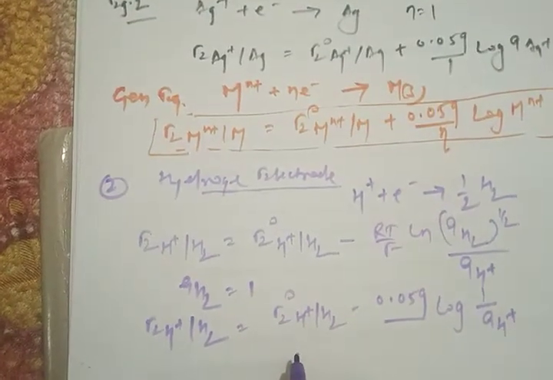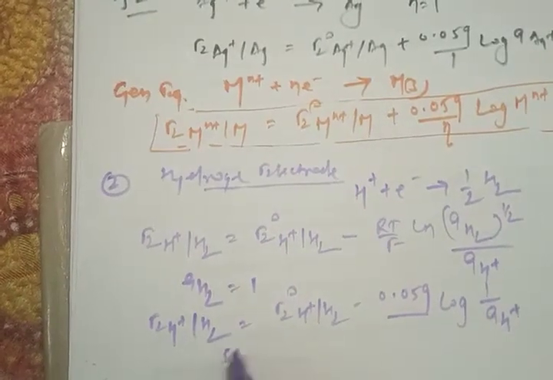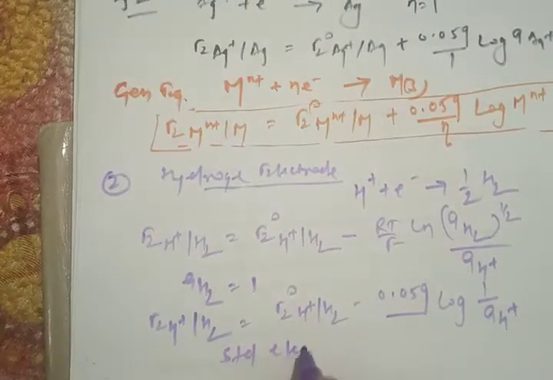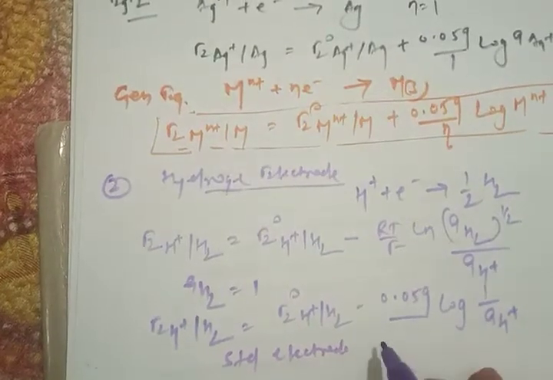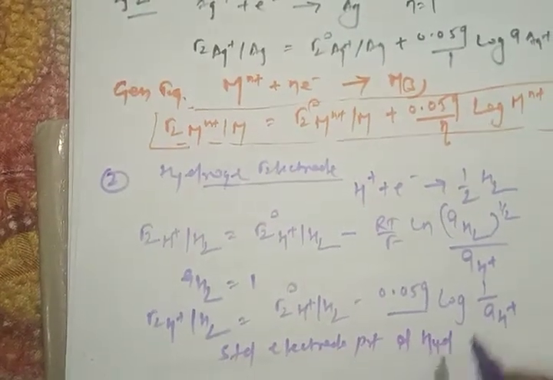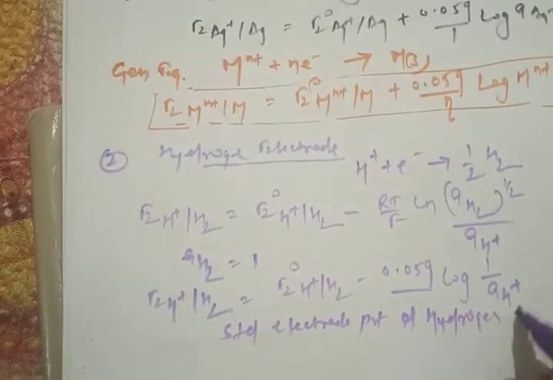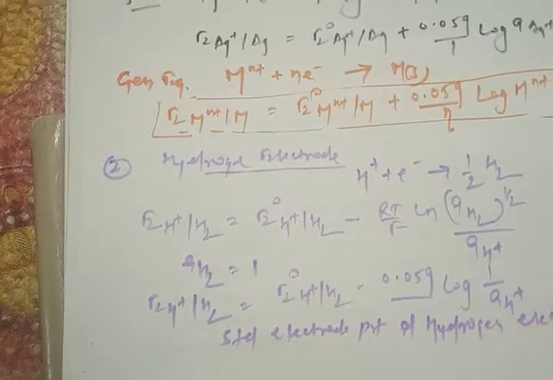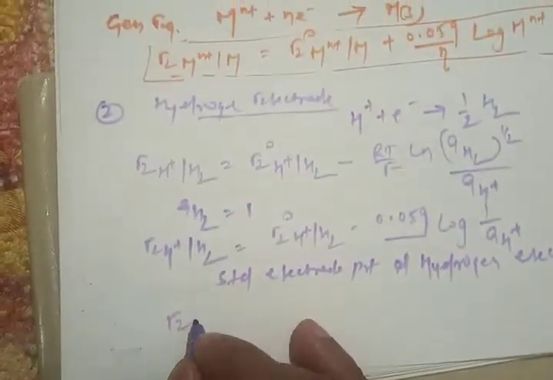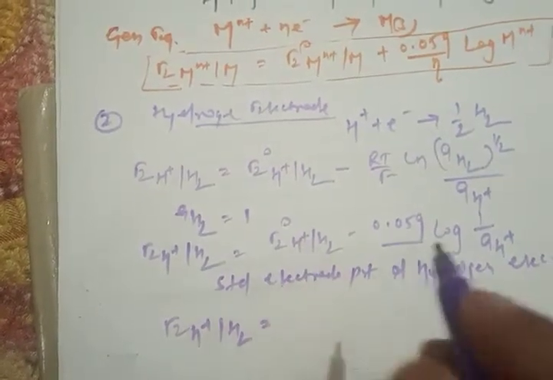So standard electrode potential of hydrogen electrode is 0. So I'm writing the value here, E H plus H2, this will be 0.